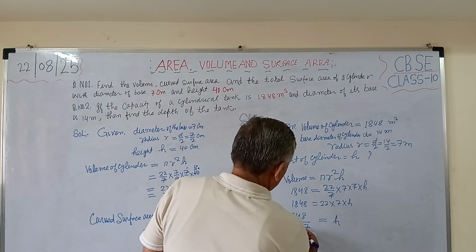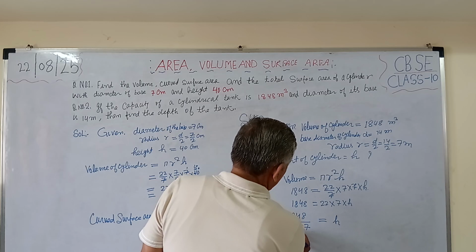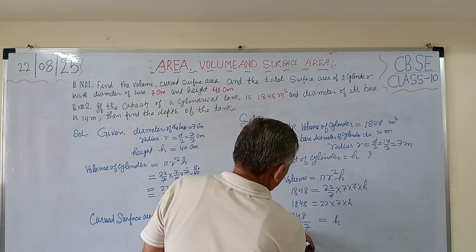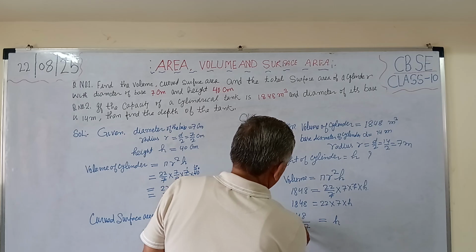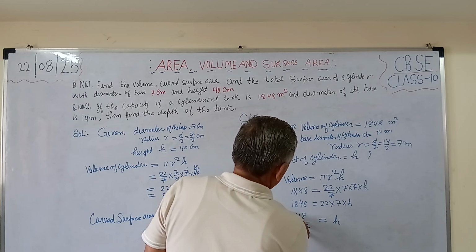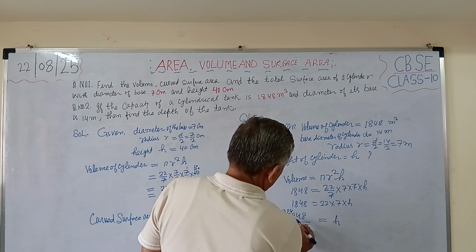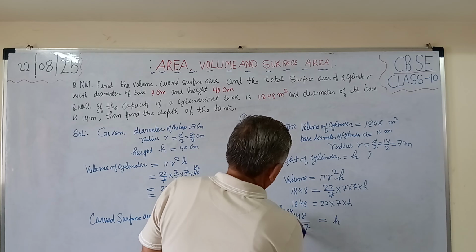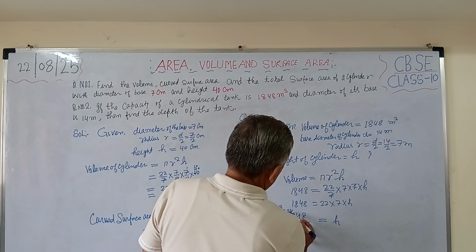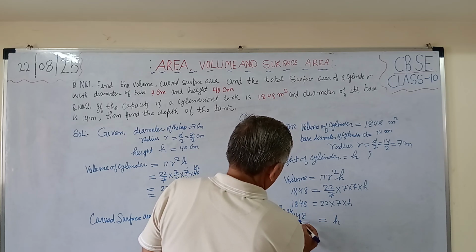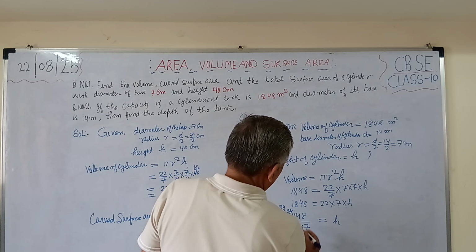Now we will cut the given. 2 1s are 2, 2 9s are 18, 2 2s are 4, 2 4s are 8. So now directly 11 8s are 88 and 88 and 4, 11 4s are 44.